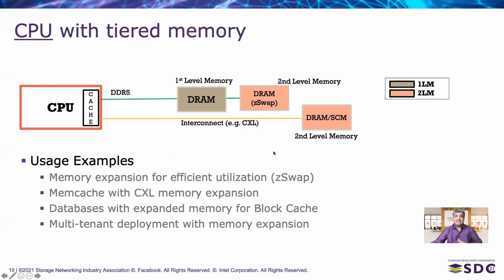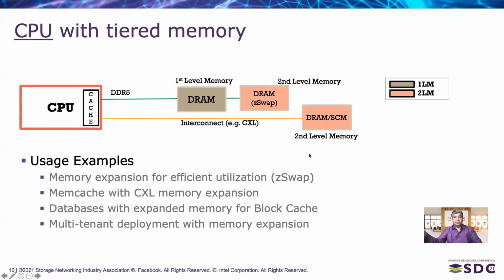The interconnects like Accel that are coming now are enabling expanding the memory in a cache coherent fashion. In this case, the memory attached to Accel will be considered a second level memory. Now, of course, we are aware of multi-socket configurations where you have different interfaces connecting multiple sockets, where natively connected memory for that socket is going to be 1LM, and the remote socket's memory, through buses like UPI or QPI, could become a second level memory.